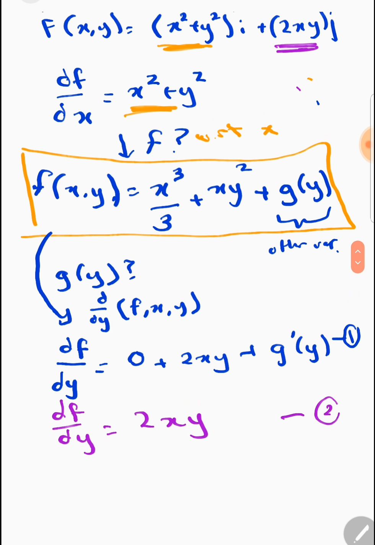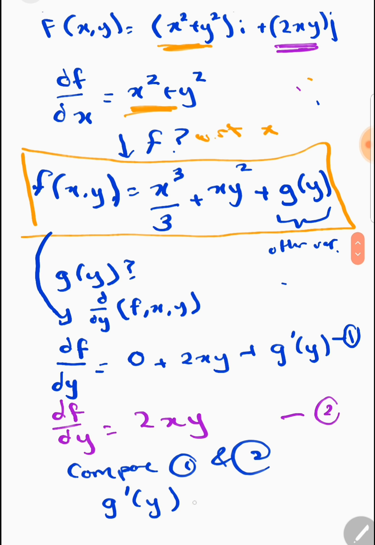What happens is that once I have got this, we can compare 1 and 2 because they're literally the same thing. And when I compare these two components, you will notice that my g prime of y is actually just 0, right? And if my g prime of y is 0, recall that from the beginning we want to find what the gy is.